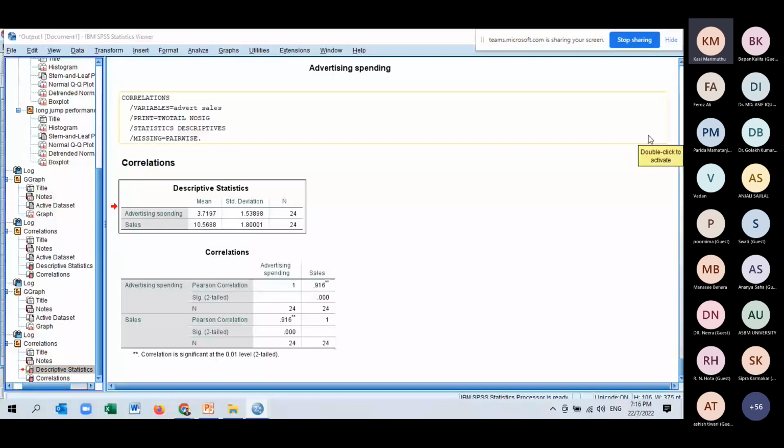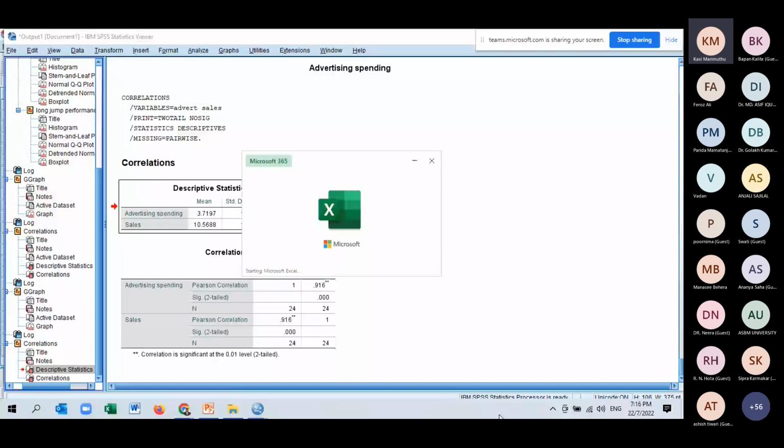Give me 2 minutes. I'll demonstrate how you can capture the values. So copy the first table and open an Excel file.